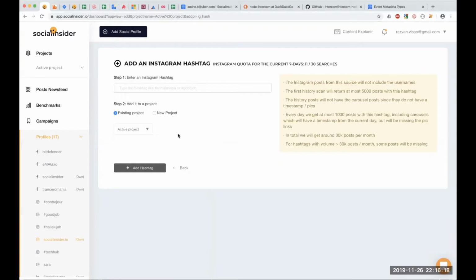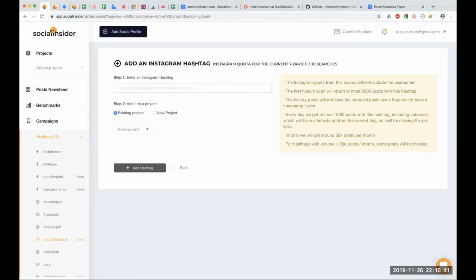This is because every query that you do against the Instagram API is going to be made with an access token that is linked to that particular own profile that you have.